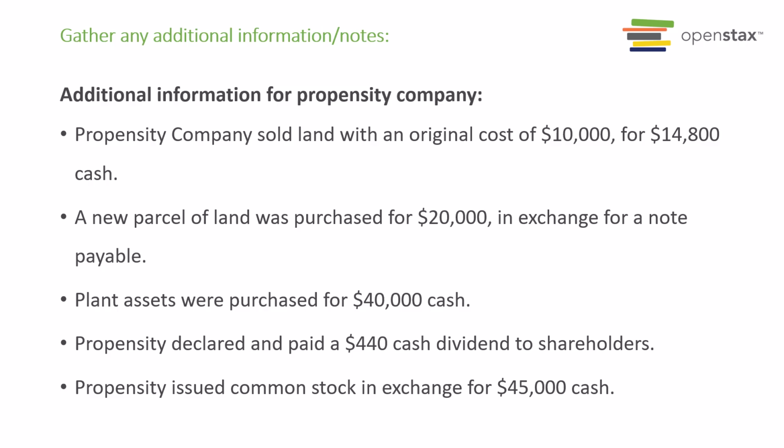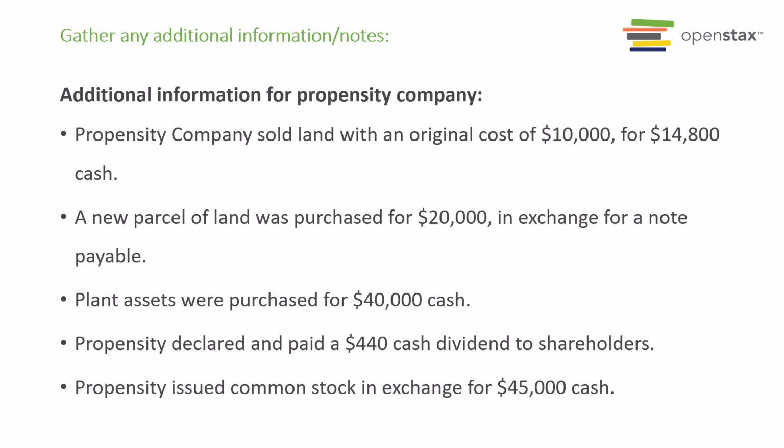Sometimes you might also have additional information about the activity of your business that wasn't on your balance sheet or your income statement. You might need to gather additional information related to the buying and selling of property, plant, and equipment, and how that property, plant, and equipment was paid for.